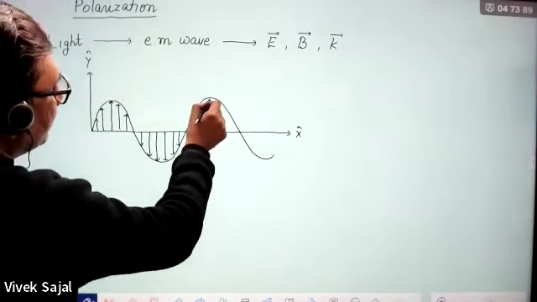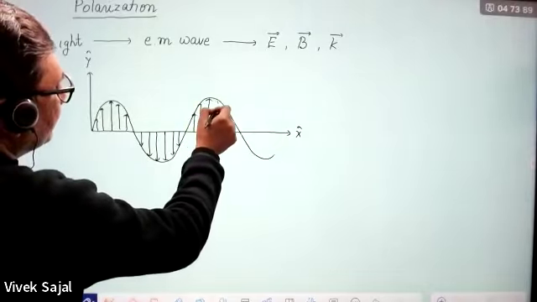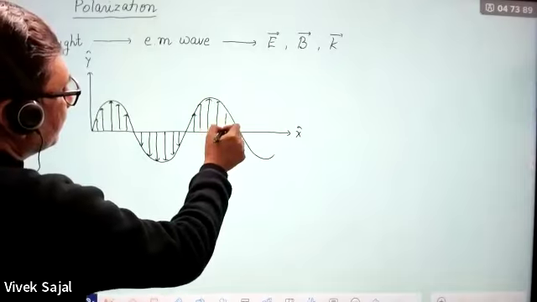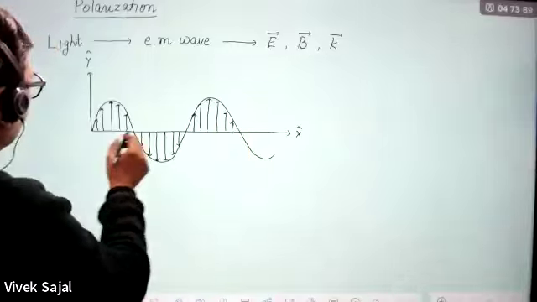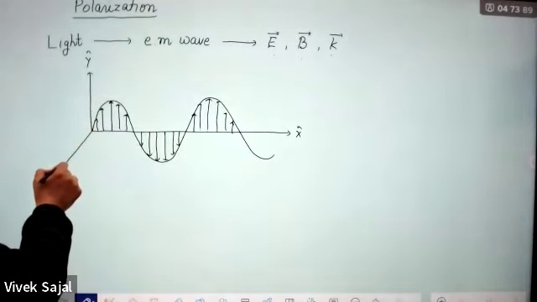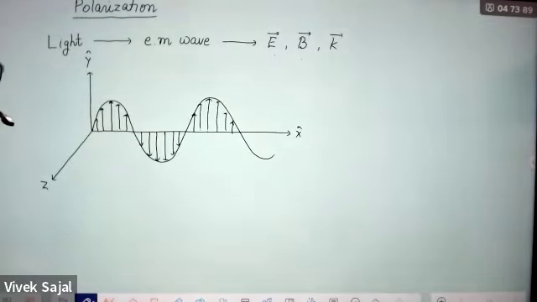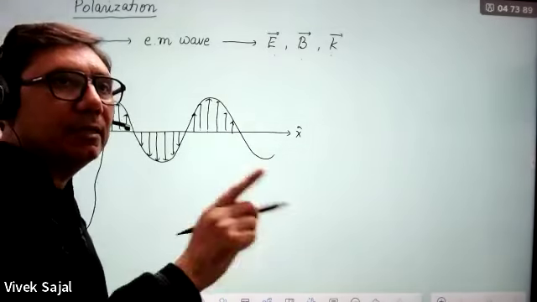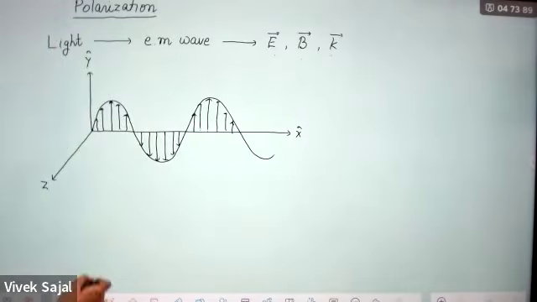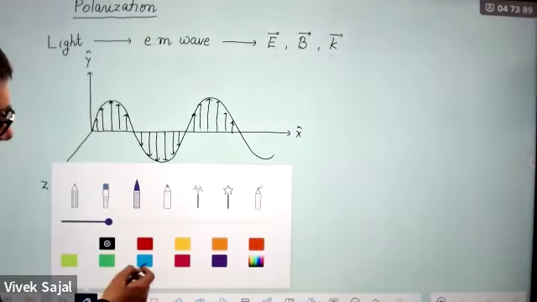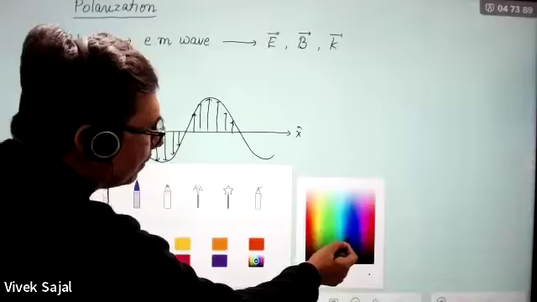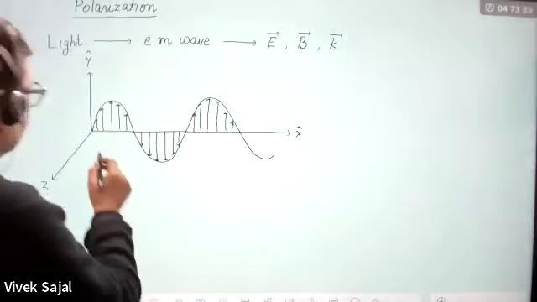And perpendicular to this will be the B vector. So the B vector will be here, this is the Z axis. So Y cross Z will be the X cap direction. So this B vector will be in the Z direction.